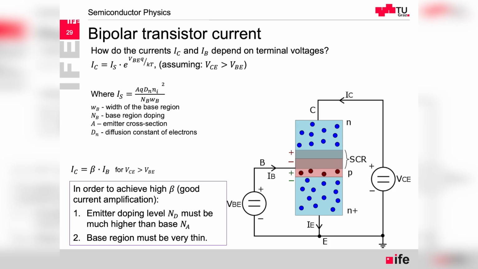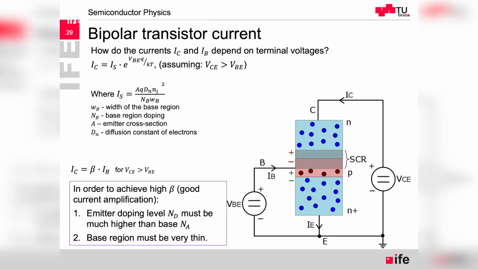And in order to have a good amplification, as was already said, first, the base region has to be very thin. Actually here it's written as the second. And secondly, the emitter doping level should be much higher than the base doping level. So the doping in this region compared to this region.